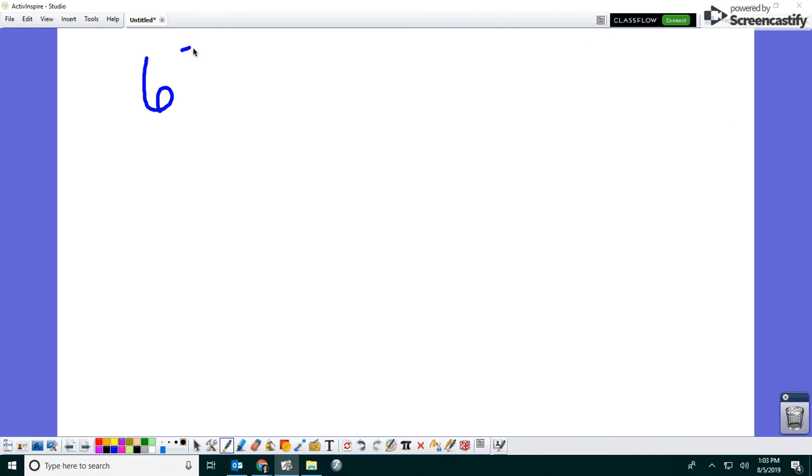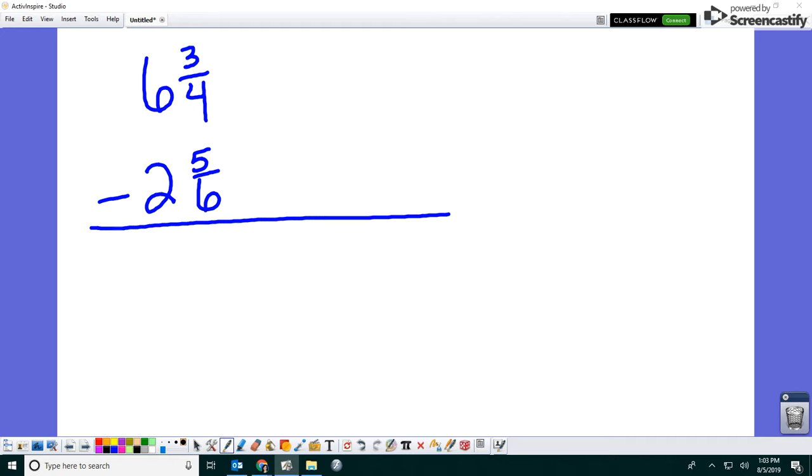All right, if we do have a regular mixed number with fractions that have denominators that are not the same, first we have to find a common denominator. A lot of people are going to jump to 24 because 6 times 4 is 24, but that's going to require a lot of simplifying in the end.